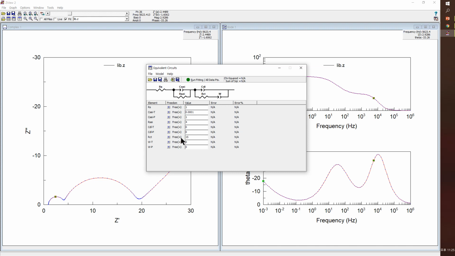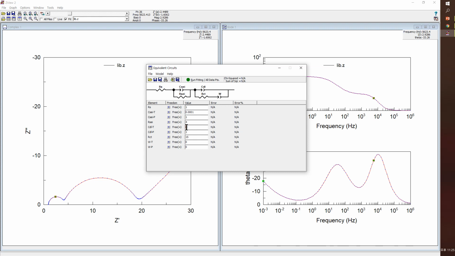Actually, this is the true value, but by your eyes you could expect around 5 and 20, so 15. Anyway, the exponent of the CPE is assumed to be just 1, always 1 as the initial guess.